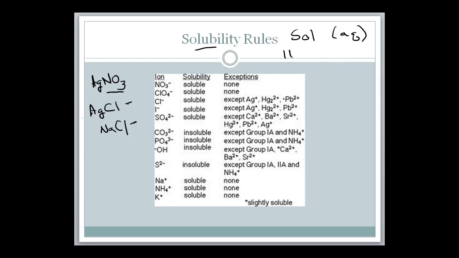If something is insoluble, in other words, it won't break apart, so it's going to remain as a solid. So we're going to give that the solid designation. So when we use the solubility rules for compounds, what we're trying to do is determine if they're soluble to give them an AQ subscript, or if they're insoluble to give them a solid subscript.